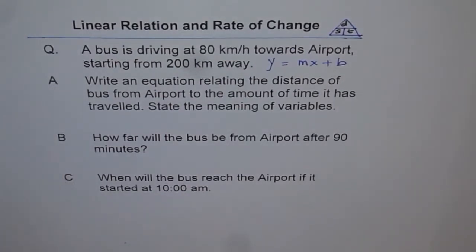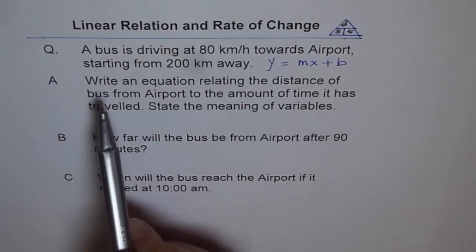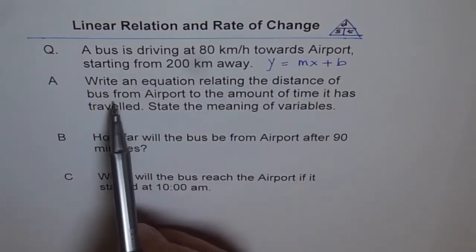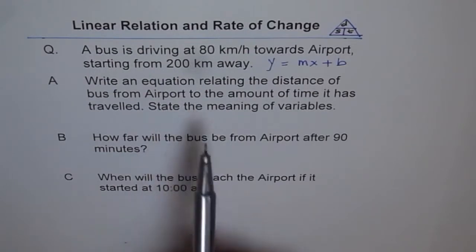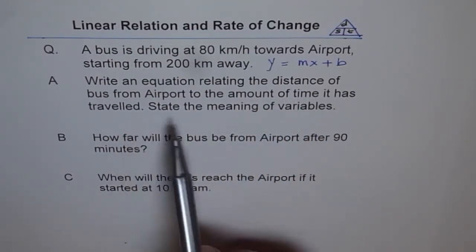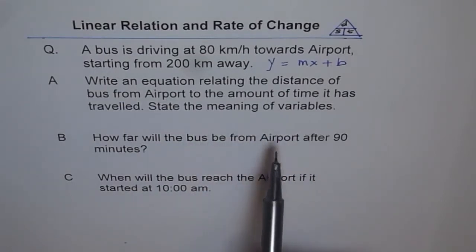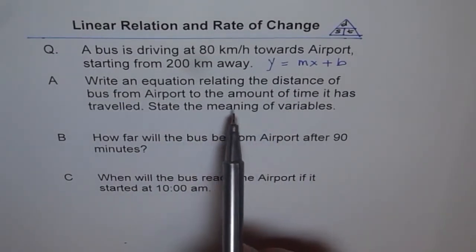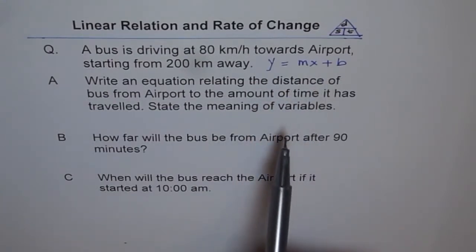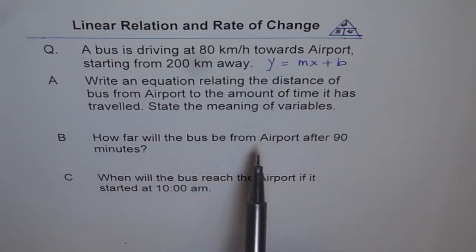Now let's read what these A, B, C parts are and answer them. Write an equation relating the distance of the bus from the airport to the amount of time it has traveled. State the meaning of variables, right? So basically, we need to write an equation of the form y equals mx plus b and state the meaning of variables, correct?